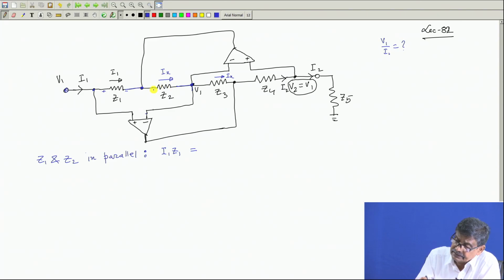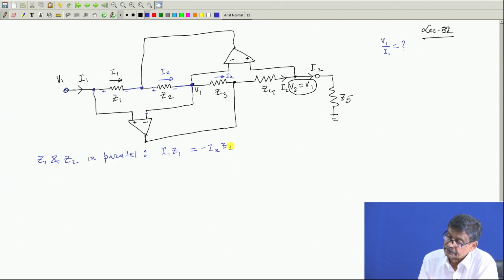If you write like this, this is plus, this is minus, this voltage is Ix into Z2. But the potential of this point with respect to this is equal to minus Ix into Z2. So, this is one equation. Or alternatively you can say Ix is flowing this way, so this is plus. In any case, I1 Z1 equals Ix into Z2.